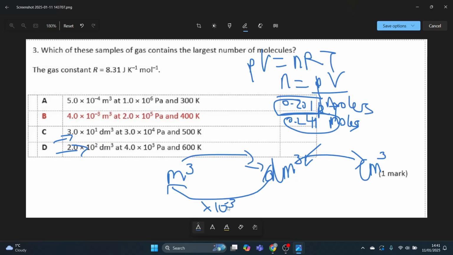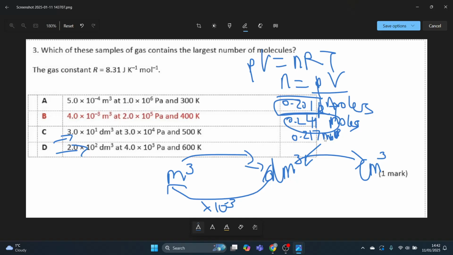So 3.0 times by 10 to the power 1 times by 10 to the power minus 3 times by pressure 3.0 times by 10 to the power 4 divided by 500 times by 8.31, 0.217 moles.